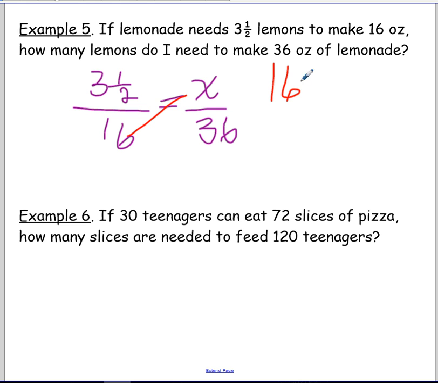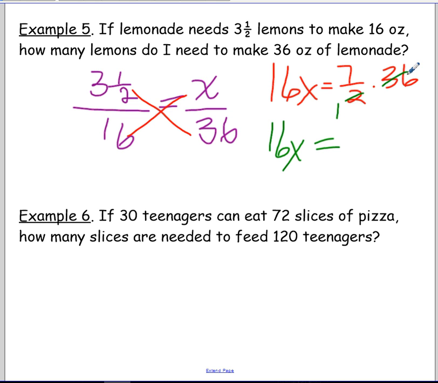16 times x is the same as 3½, which is 7/2 times 36. To solve, let's go ahead and drop down our 16x. And our 7/2 times 36, well, 36 is divisible by 2. It's 18 times 2 to get to 36.